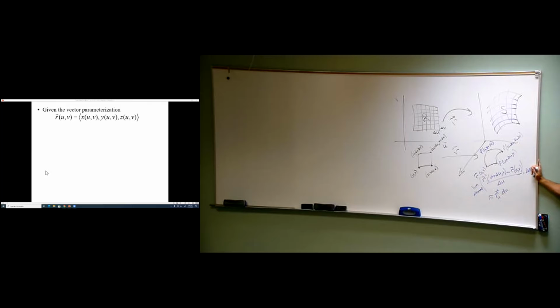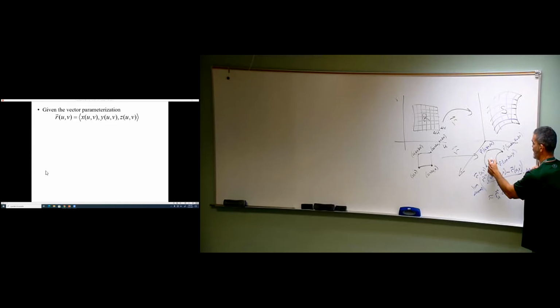Now we're going to go back to cross products. This is a while ago, but I don't know if you remember. One of the interpretations of cross product is when we cross two vectors, it gives the area of the parallelogram created by those two vectors.